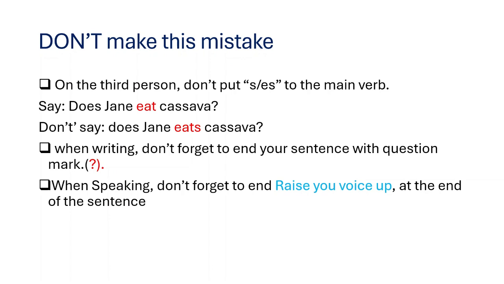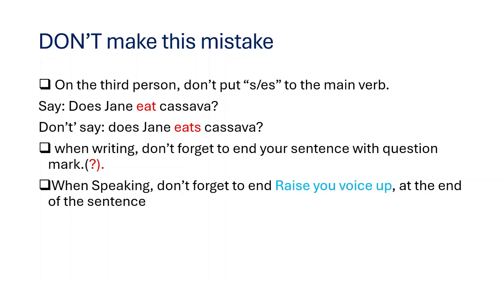Does Jane eat cassava? You say this one, it is correct. But don't say, does Jane eats cassava. When writing, don't forget to end your sentence with a question mark. In writing, don't leave out the question mark. This question mark indicates that the sentence is in question form.